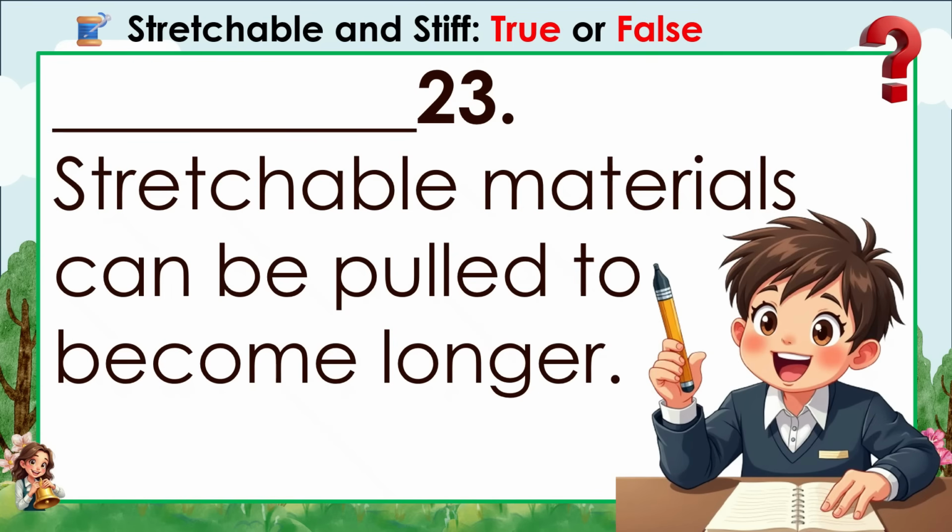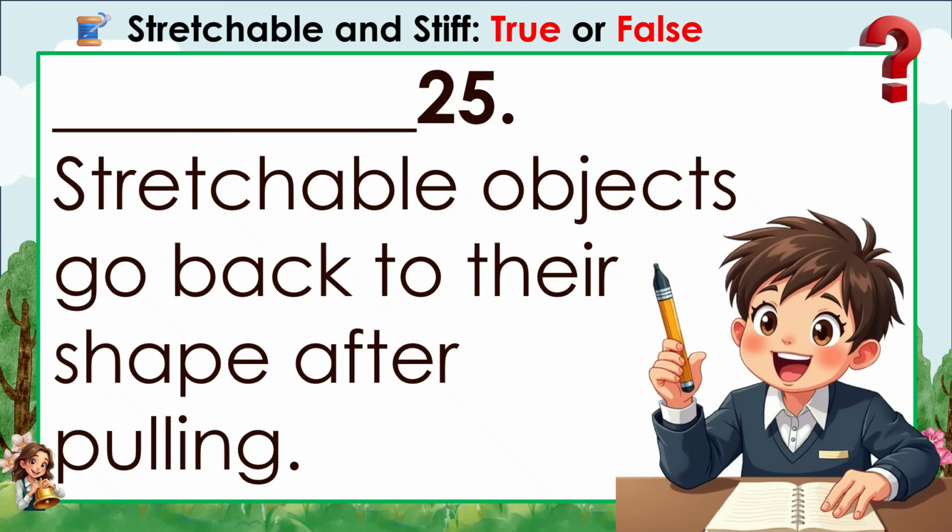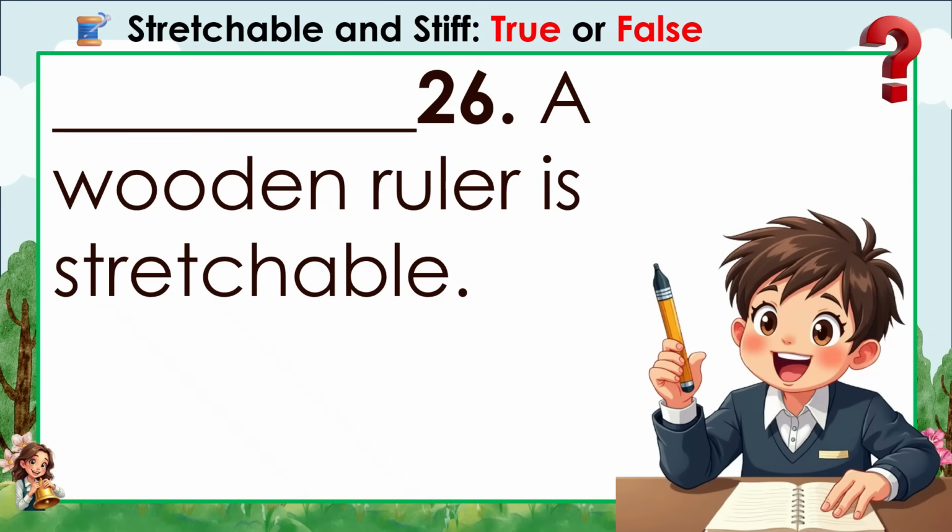Stretchable materials can be pulled to become longer. 24. A soft sock is stretchable. 25. Stretchable objects go back to their shape after pulling. 26. A wooden ruler is stretchable.